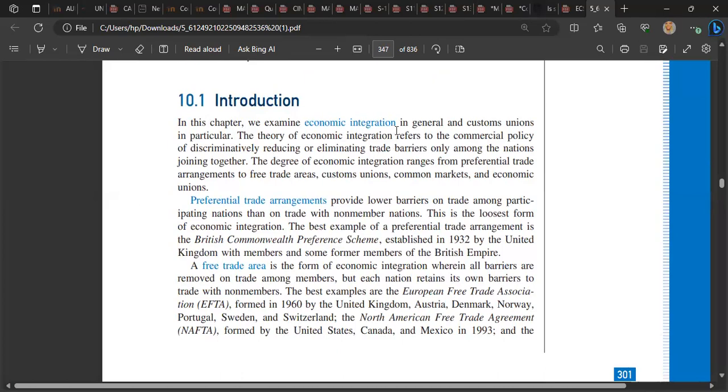This is basically in general, as well as the customs union. And then we also talk of what a preferential trade arrangement is, which is quite straightforward, because even the name gives a description of what this is about. It provides lower barriers on trade among participating nations than on other non-member nations.